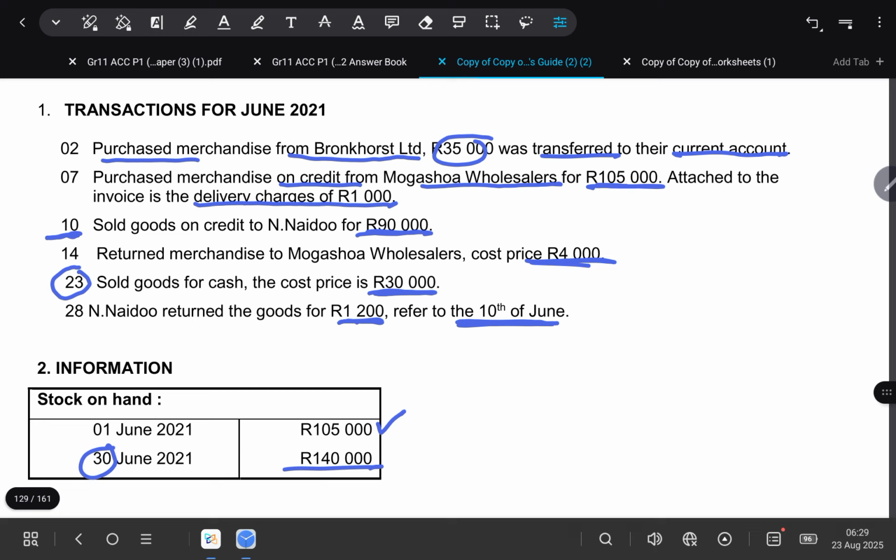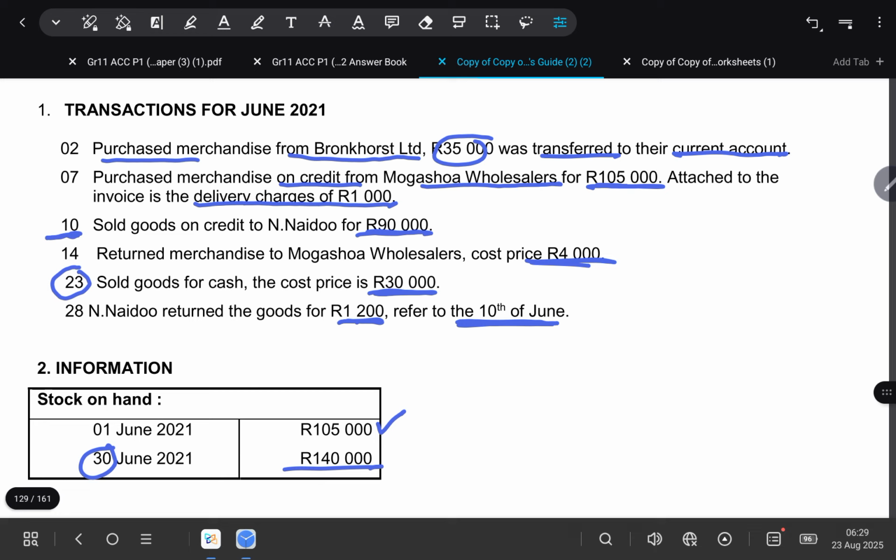Okay, I believe you guys are done. So here is what we are going to do, guys. So remember, transaction number 10, we can agree that it has already been included. When you calculate the cost of sales, automatically your cost of sales has already taken into anticipation that sales have taken place, but there's a catch that we must do.